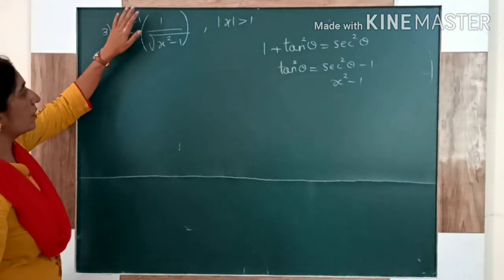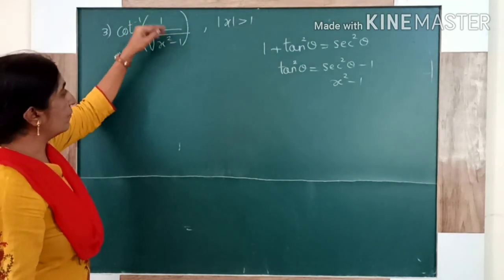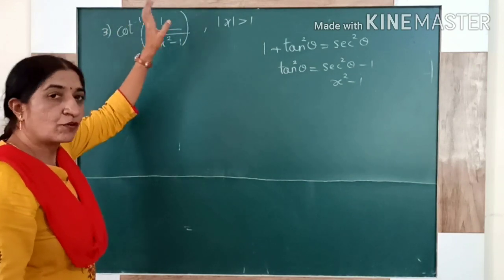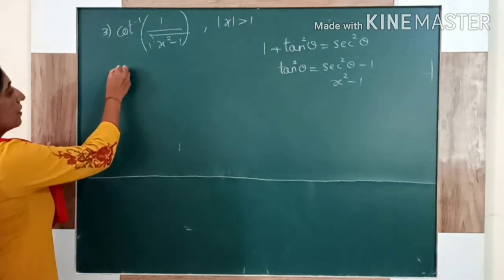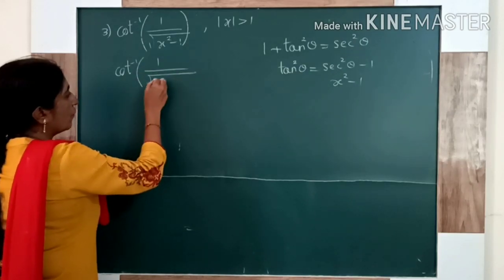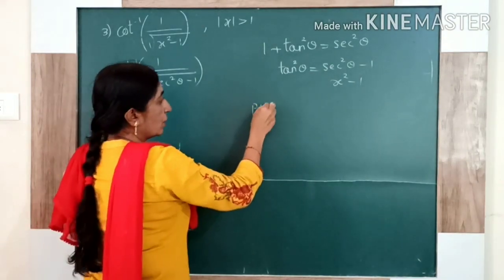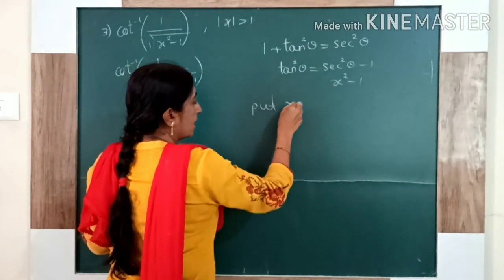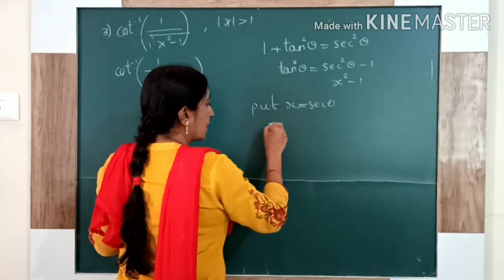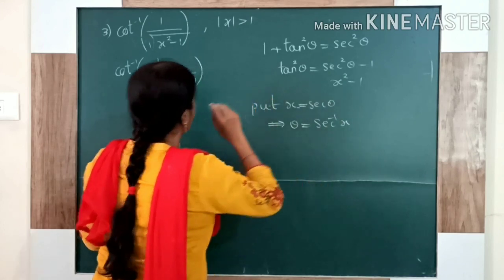See, cot inverse of 1 by. Try to get 1 by tan. If it is 1 by tan, it will be cot. So cot inverse of cot you are getting. It is cot inverse of 1 upon root of secant square theta minus 1, because we are writing x is equal to sec theta, which implies theta is equal to sec inverse of x.